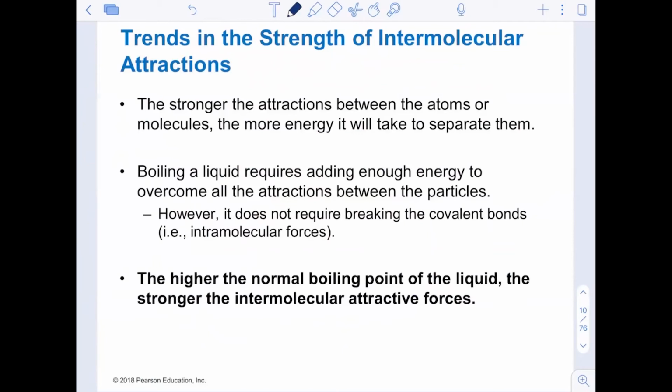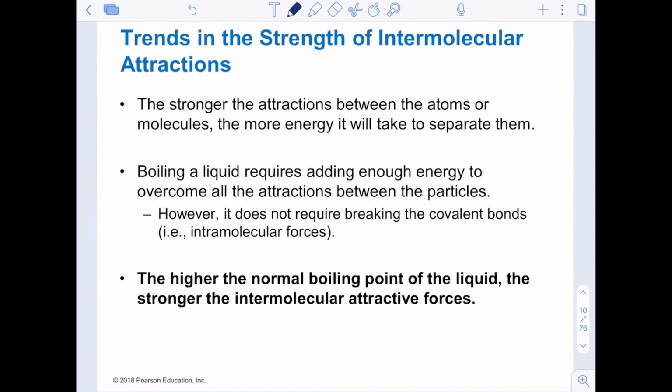All right, so 2 particles, think Romeo and Juliet. They have a very, very strong attraction. We need to provide as a surroundings a lot of energy to separate those 2 particles, okay? So boiling a liquid requires energy. It's endothermic, right? And so when we think about the attractions that the liquid molecules have to each other, the IMFs, the intermolecular forces, boiling will overcome those intermolecular forces.